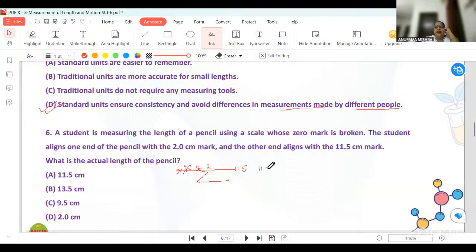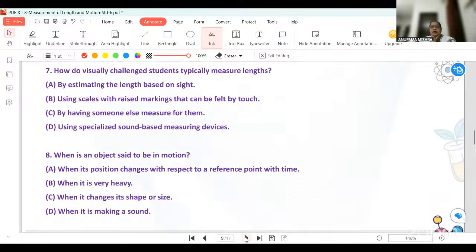So 11.5 minus 2 centimeter will be 9.5 centimeter. So the answer will be 9.5 centimeter. No, not D, it's C. Children, all are answering wrong. I don't know whether you have understood these concepts or not.